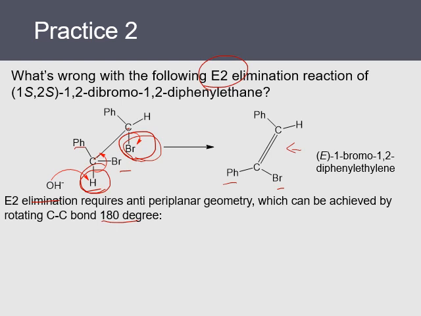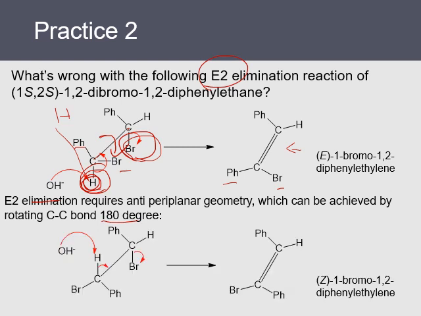In order for that to happen, you must rotate this carbon-carbon bond so that this hydrogen goes to the top. So here is the structure after you rotate: the hydrogen goes on the top, the phenyl goes to the right side, and the bromine goes to the left side. And now this hydrogen and the bromine are in an anti-periplanar structure.